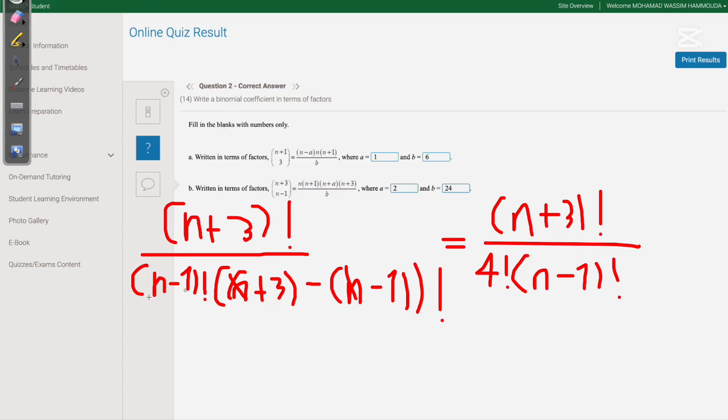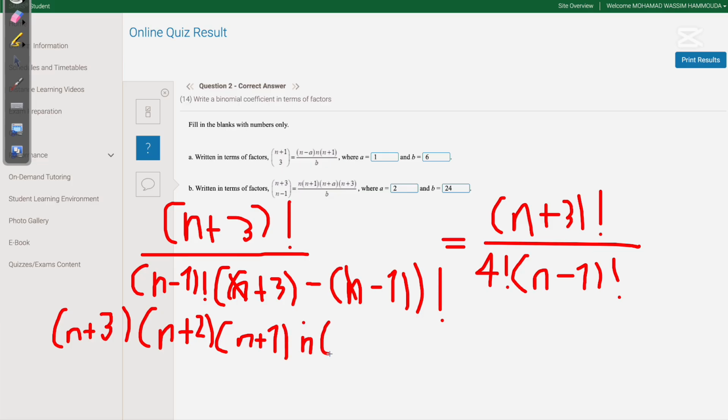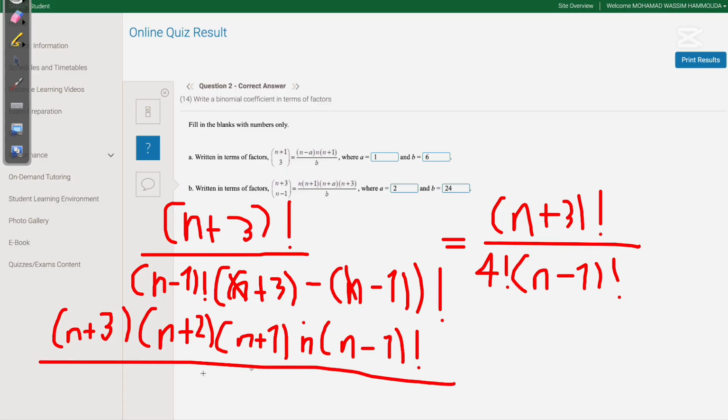Then again we're gonna do the same thing. So (n+3) factorial is (n+3) times (n+2) times (n+1) times n times (n-1) factorial over 4 factorial, which is 24, times (n-1) factorial.